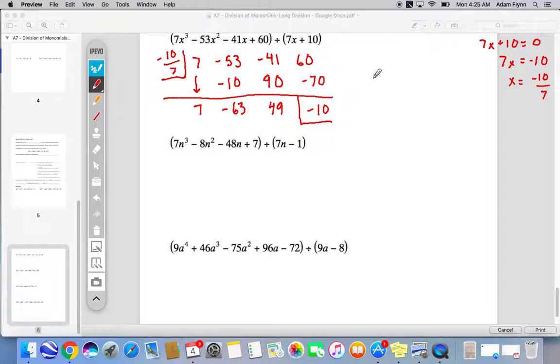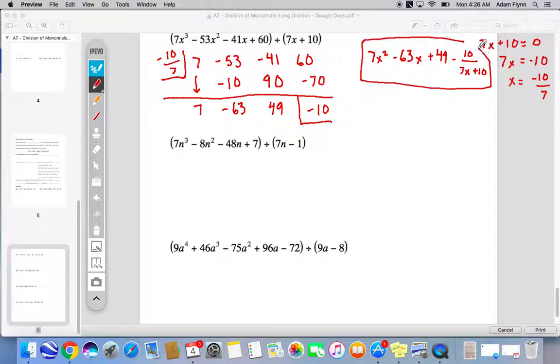Okay, so my solution here I could write as 7x squared minus 63x plus 49 minus 10 over 7x plus 10. Okay?